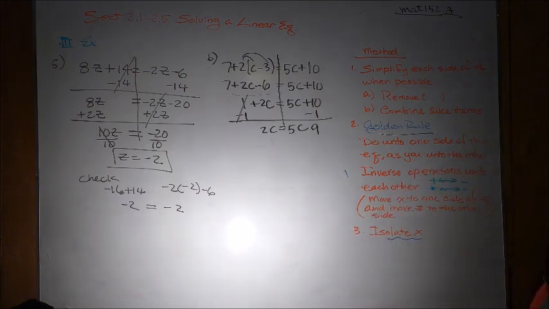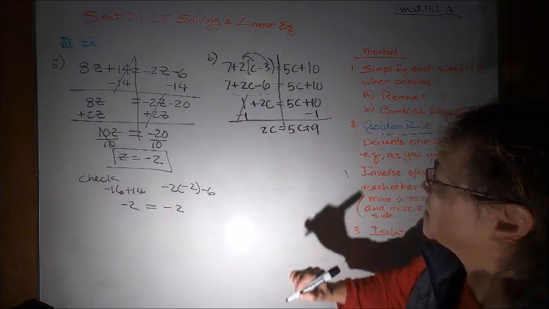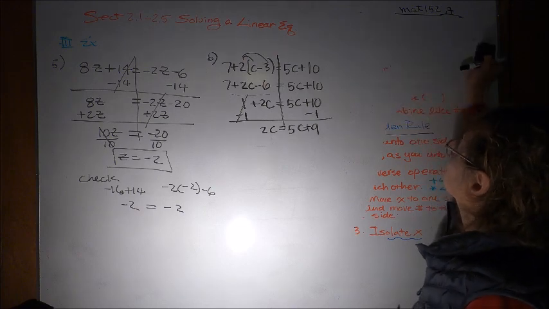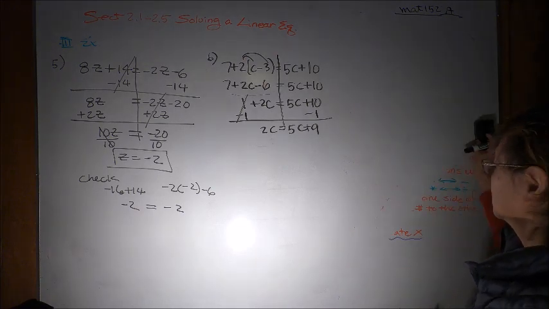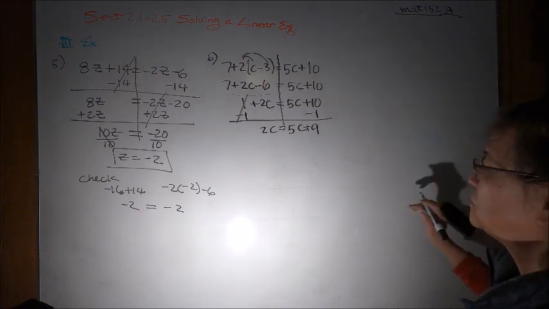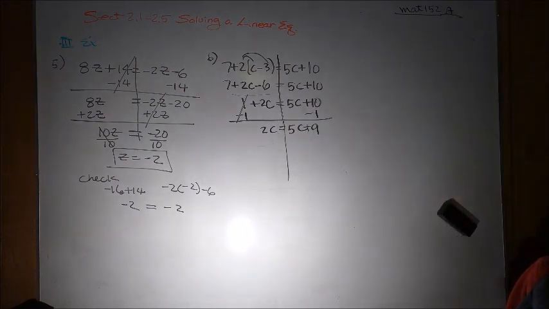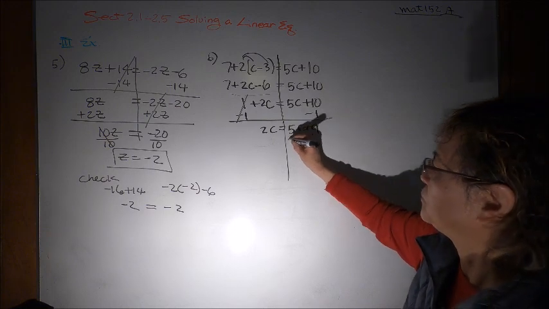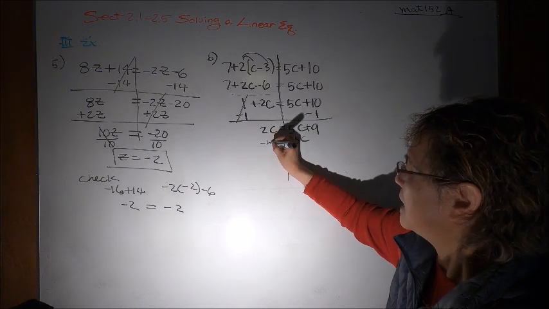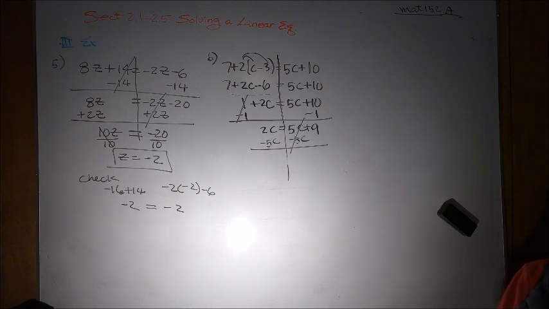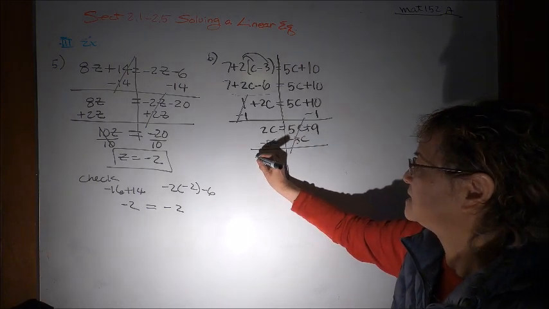So, don't forget your plus sign. Then what do we do? Move the variable to the other side by doing what? The opposite. Then 2 minus 5 is what?